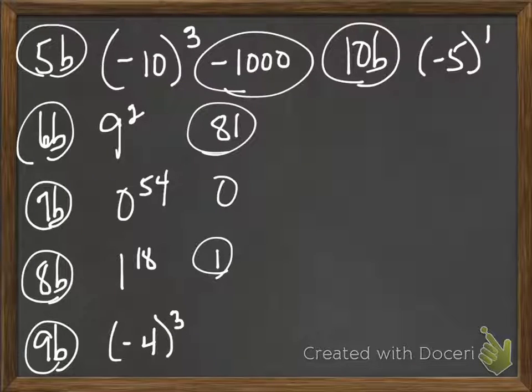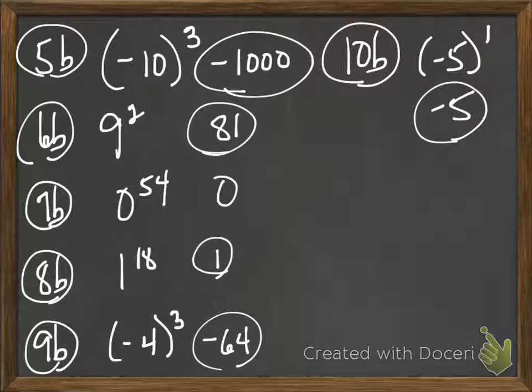Be careful. Negative 4 in parentheses raised to the third power is negative, I know, negative 64. And the last one, negative 5 raised to the first power is negative 5. Okay?